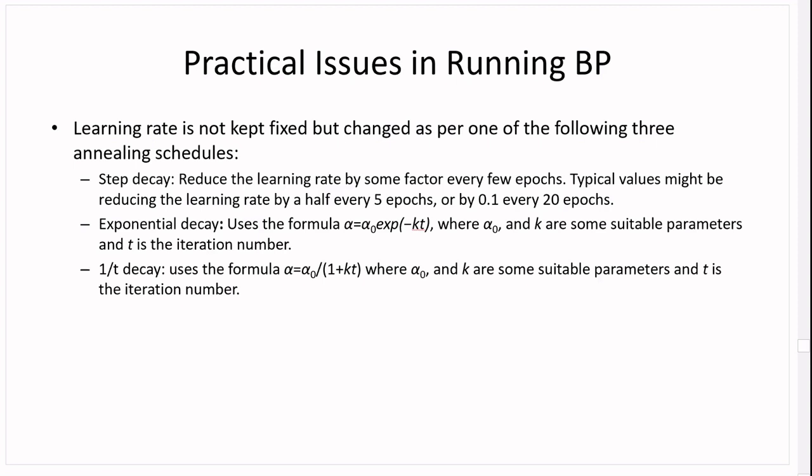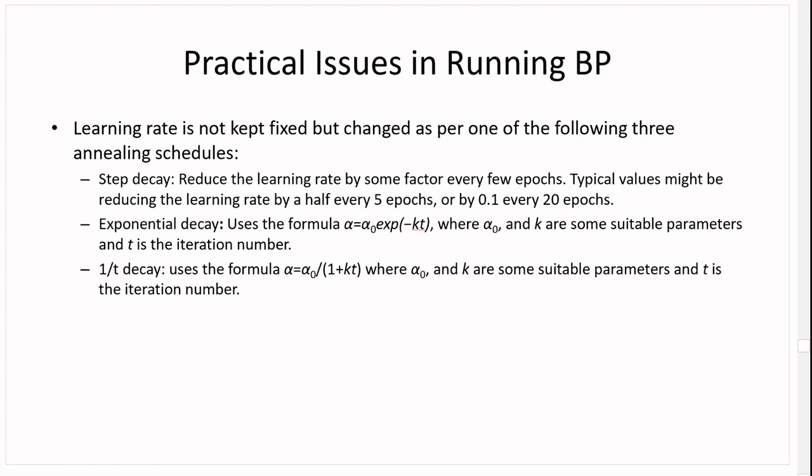Another issue in running backpropagation is the learning rate. The learning rate is typically not kept fixed, but changed as per one of the following three schedules. One is step decay, that is, you reduce the learning rate by some factor after every few epochs. Typical values might be reducing the learning rate by a half every 5 epochs, or by 0.1 every 20 epochs, or whatever you want.